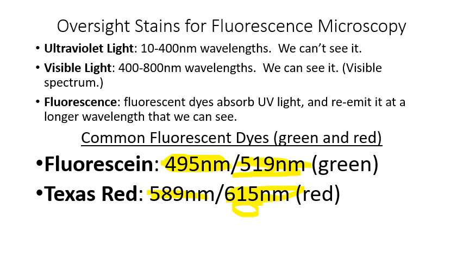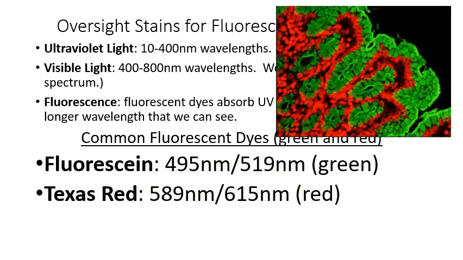If you're a real dedicated fluorescent microscopy expert, you can do all kinds of tricks by manipulating the different fluorescent dyes that you use, and also by manipulating the different wavelengths of light that you use to excite the dyes. But most of the time, if you're just doing regular common fluorescent microscopy, you're looking at reds and greens.